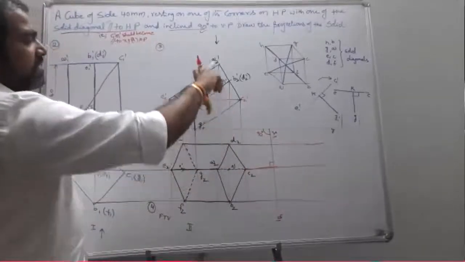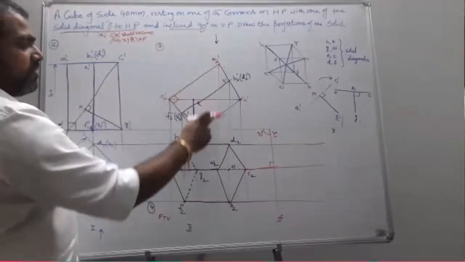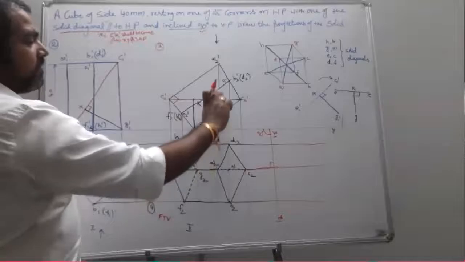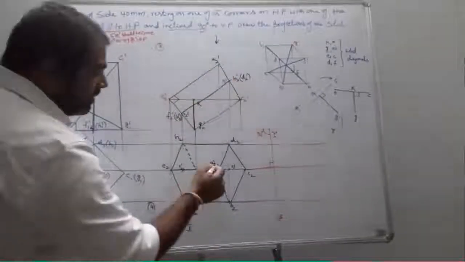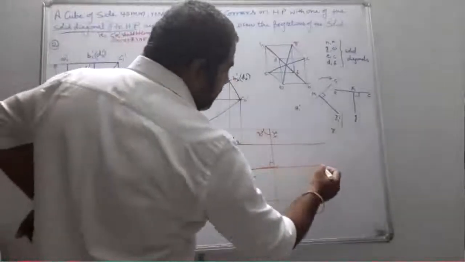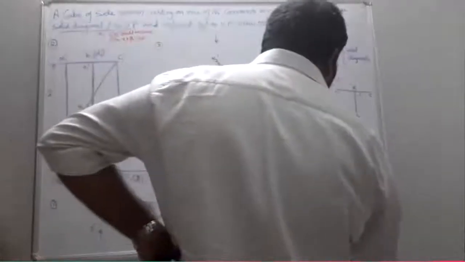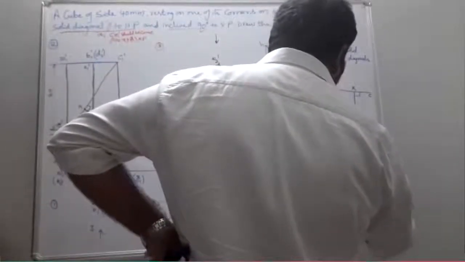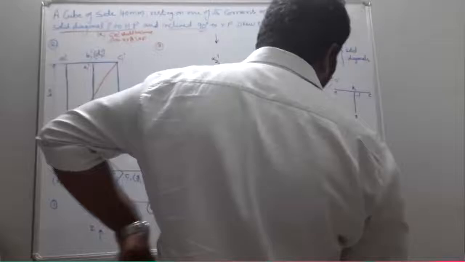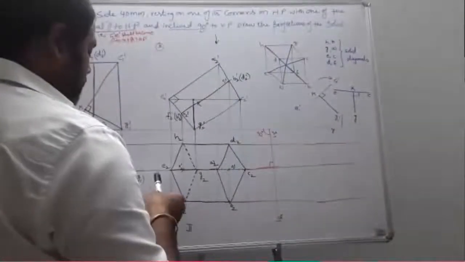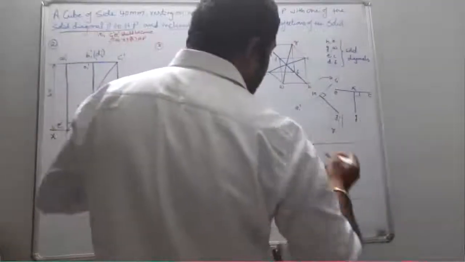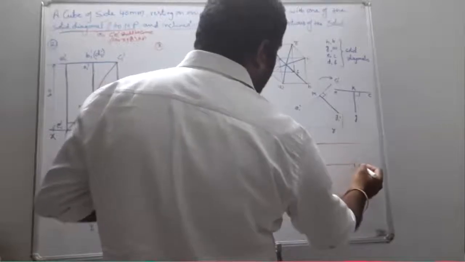So from new reference line, A point is of this much of distance. From xy to A is taken. Take A projector from here and mark the point. So this becomes your A dash.